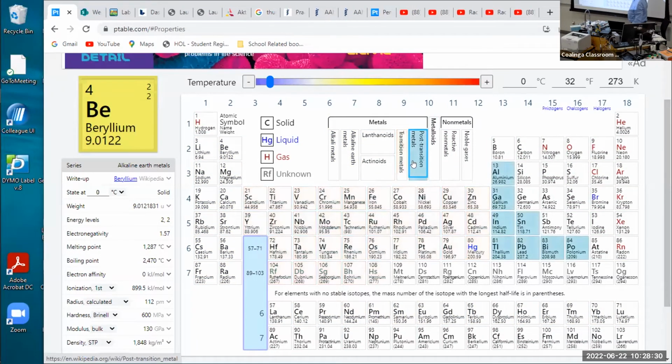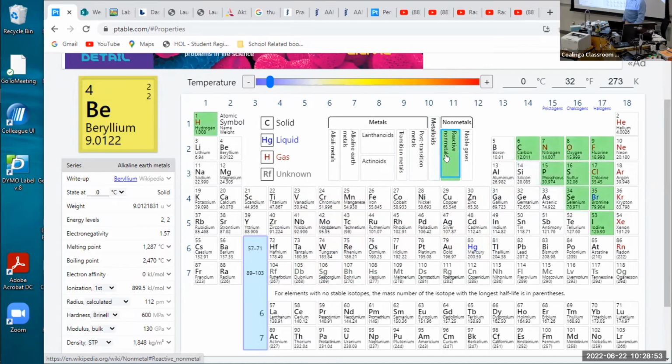These guys are called post-transitional metals, because they're beyond that, or you could draw that line for metals. These guys are metalloids. These are our non-metals. Those are our noble gases.